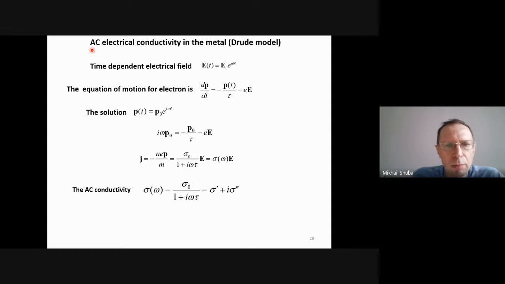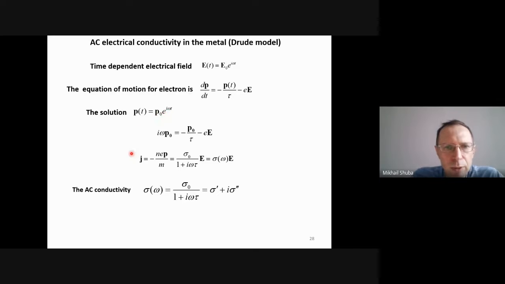Here I would like to remind you of the derivation of the Drude formula for AC conductivity in a metal. A free electron is exposed to an external impressed high frequency field. The equation of motion for the electron is as follows. The solution of the equation we will look for in this form.